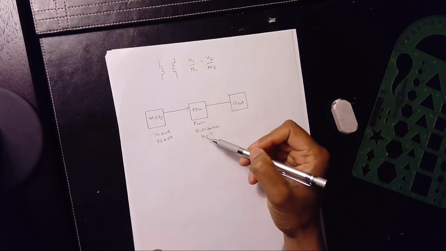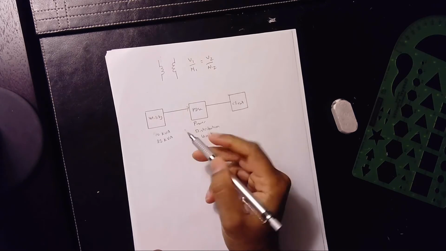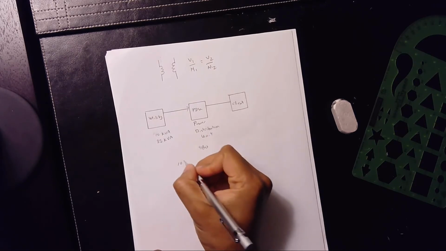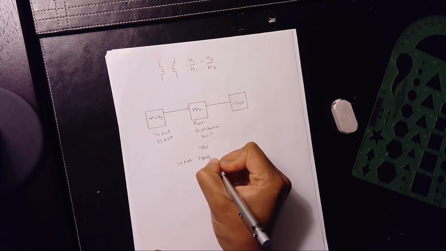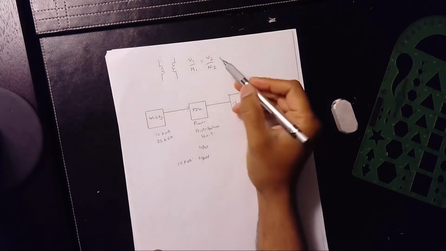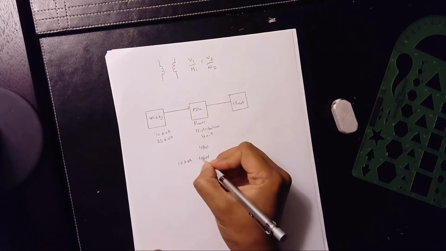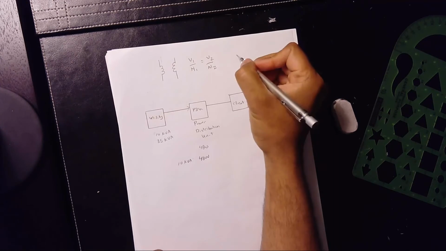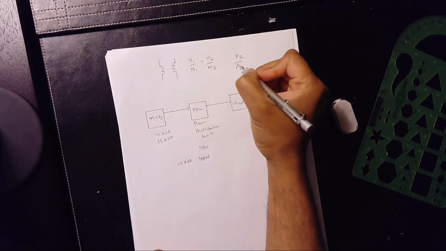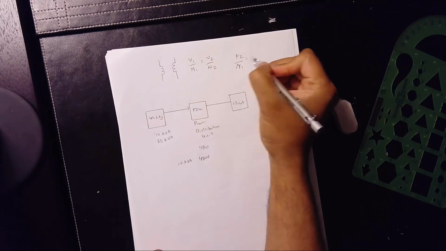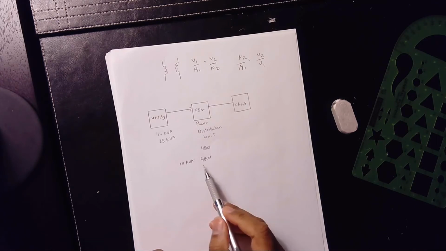And it drops to, let's say, 480. So you'll have a ratio of 10 kVA to a 480 volt drop. And what is that? Well, that will be solved with V1 over N1 equals V2 over N2, right? So there's a transformer ratio, where N2 over N1 is equal to V2 over V1. And that ratio will determine your drop, right?